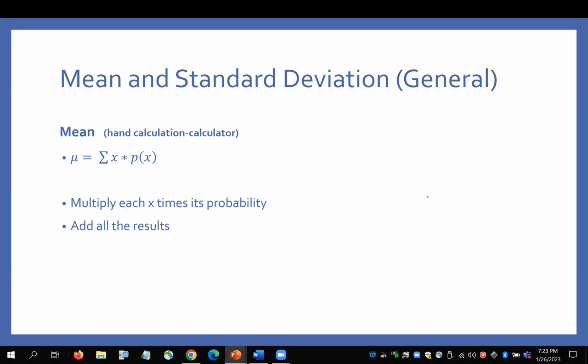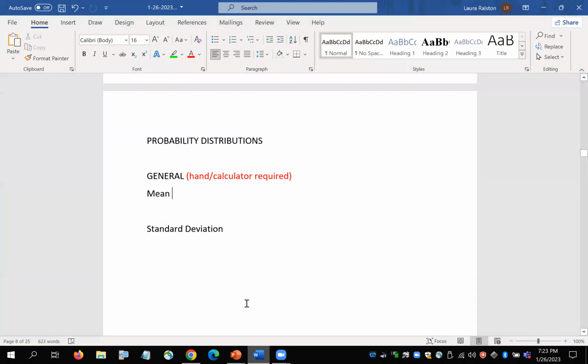Mu is the same symbol for the mean that we had for the descriptive statistics, so that symbol hasn't changed. Okay, so if you need to, when you're writing your formulas down, make yourself a note about what that means. But the formula here is the mean is each x times its probability, and then you add them up.